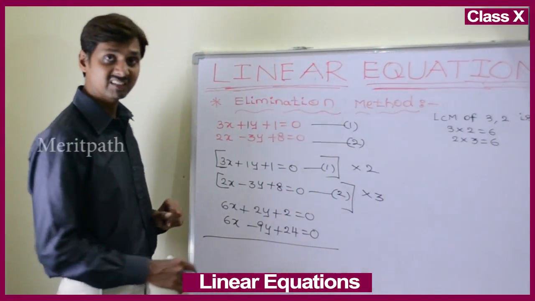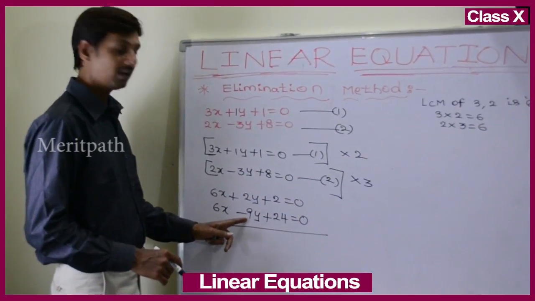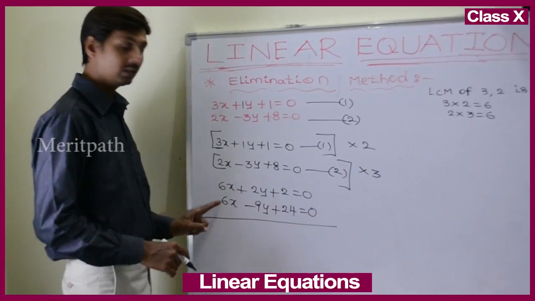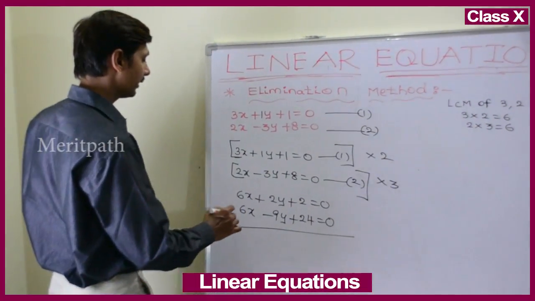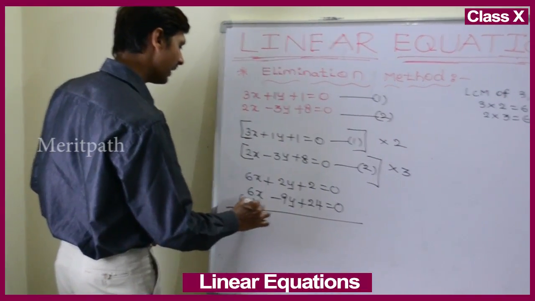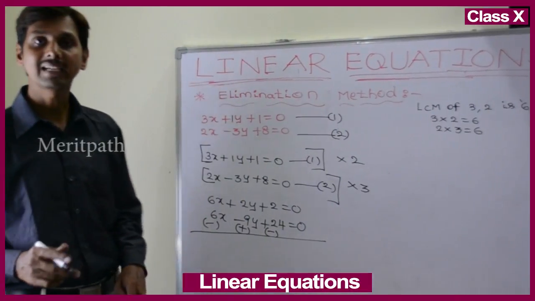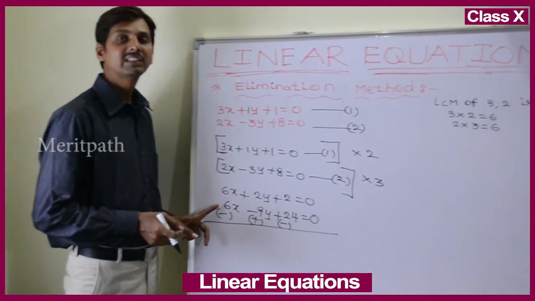So when we subtract, 6 - 6 is 0, and minus becomes plus, 2 + 9 is 11y. So here one of the variables is eliminated. So we subtract these two equations. It becomes minus, plus, minus. This is the process of subtracting two equations: for the second equation, we change the symbols.